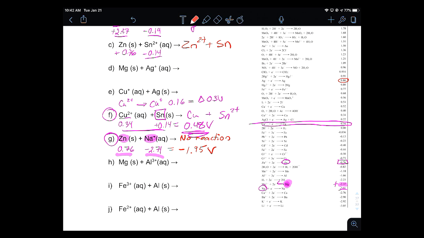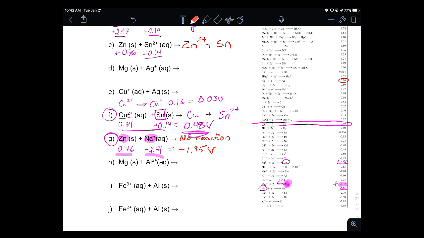Normally, a reduction would be -0.76, but in this case, it's oxidation, so I have positive 0.76. So far it sounds good.